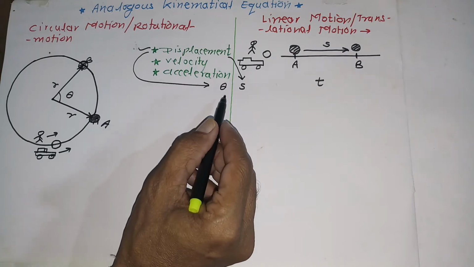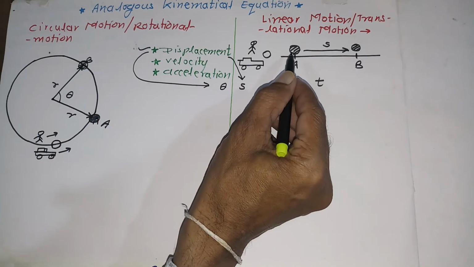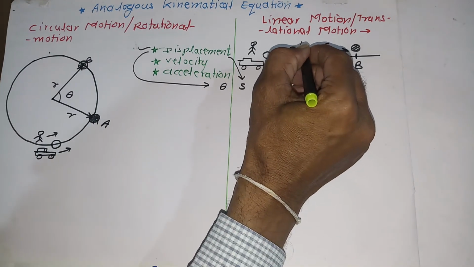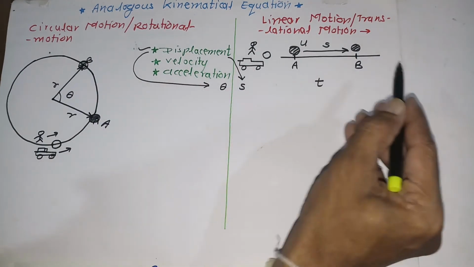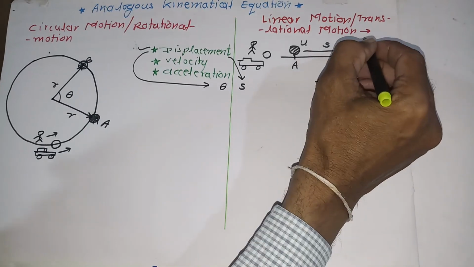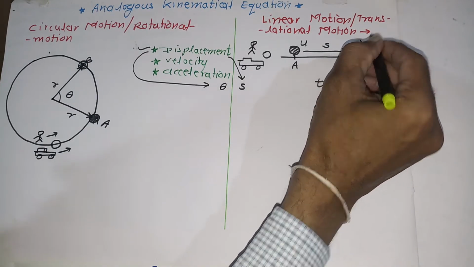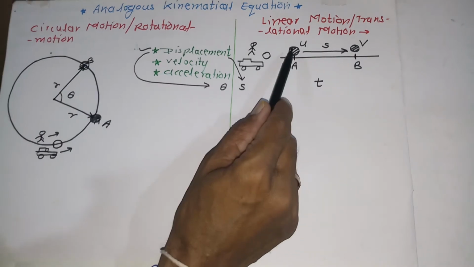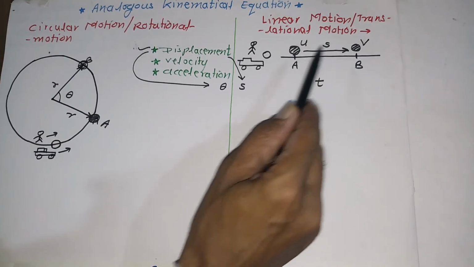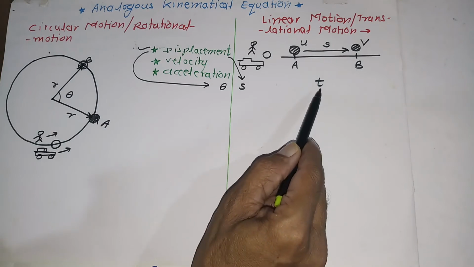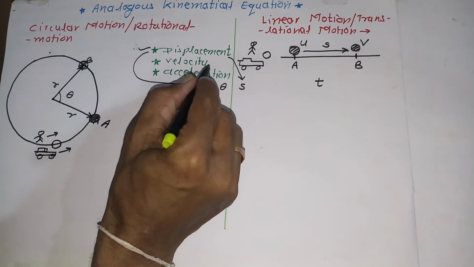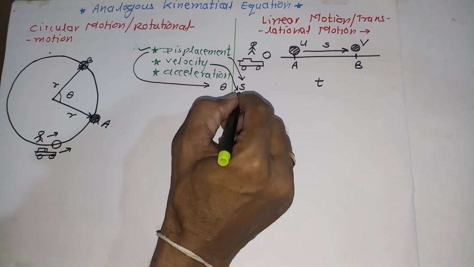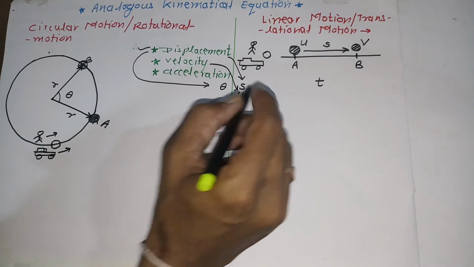At the same time, if the same boy, ball, or car is moving with a certain velocity, let's say its initial velocity is u, and its velocity increases from u to v during this time t, then in linear motion we refer to initial velocity u and final velocity v.